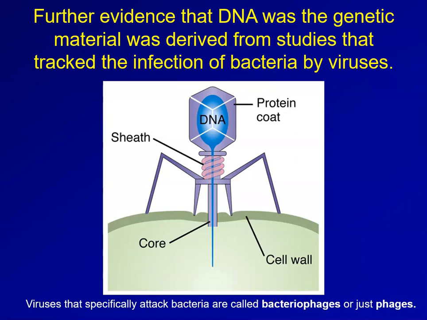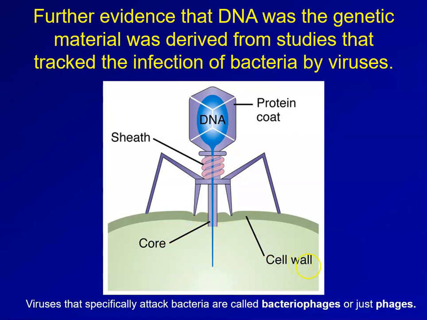So how a virus works: this is one example of a virus called a bacteriophage, or a phage for short. It injects its own DNA into a host cell, and the host is where replication occurs for the virus.